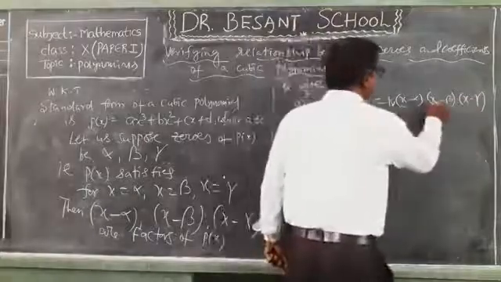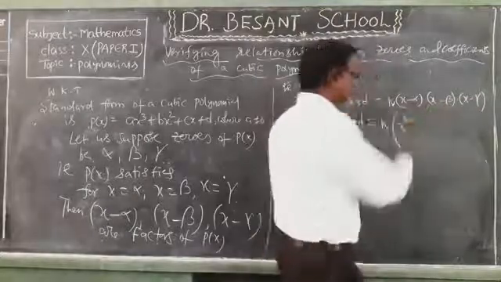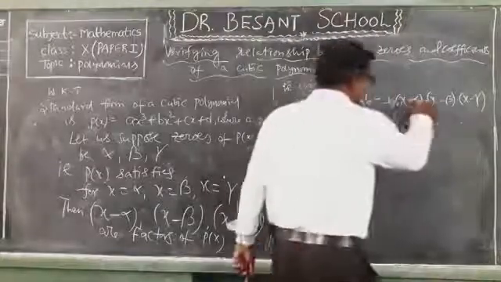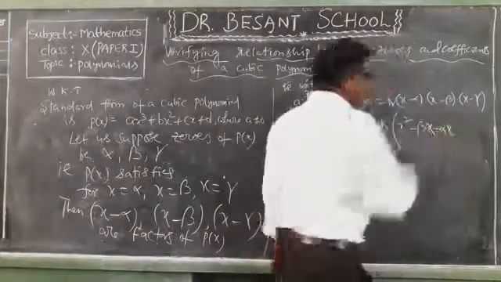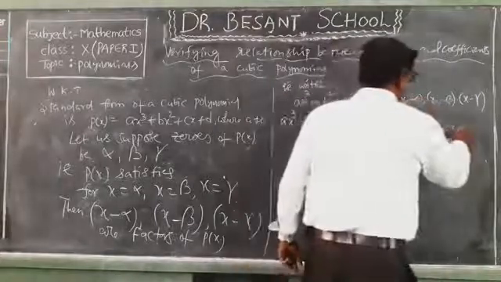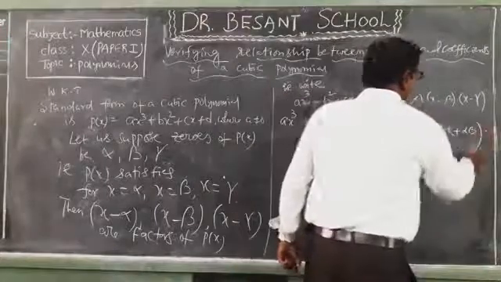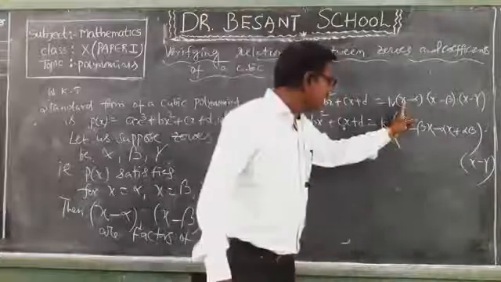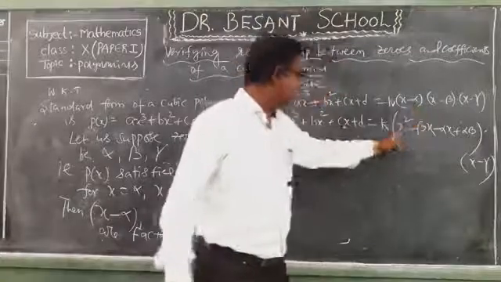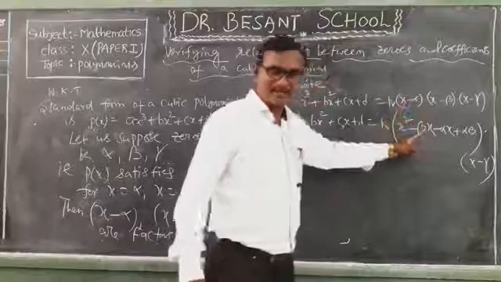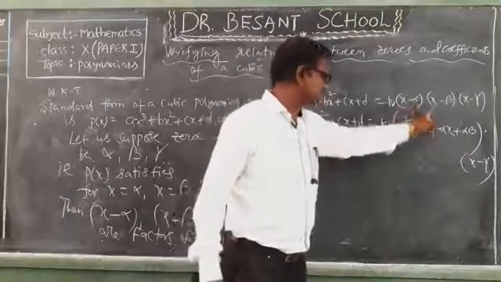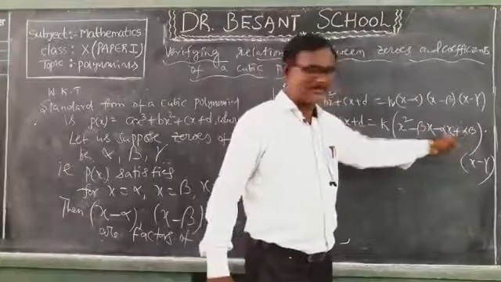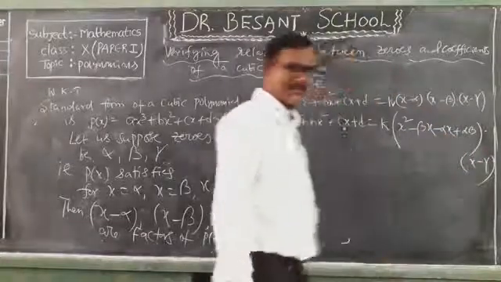So x into x, x square, x into minus beta, minus beta x, minus alpha into x, minus alpha x, minus alpha into minus beta, plus alpha beta, into the other factor x minus gamma.